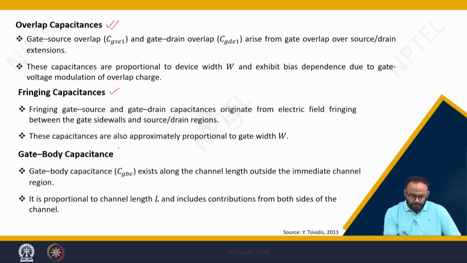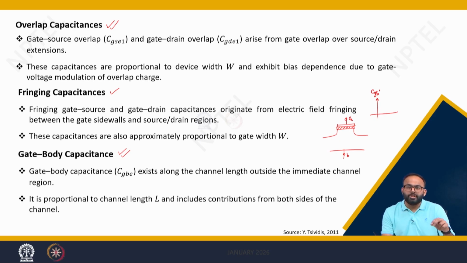The third one is gate to body capacitance, which is simple as we have already discussed when we were discussing the two terminal structure, because you have gate at this side and body terminal at this side. So this is gate to body capacitance. We have discussed a lot about gate to body capacitance in terms of CGB dash, right? That is also an extrinsic part of the MOSFET. In the MOSFET itself, the gate to body capacitance is dependent upon the region of operation.